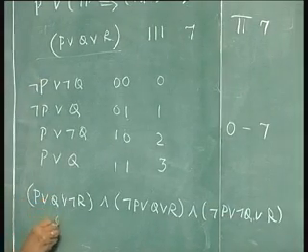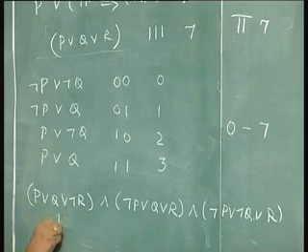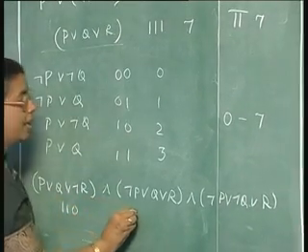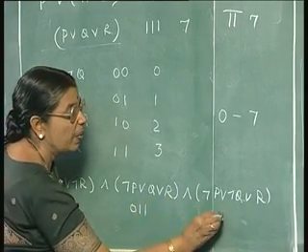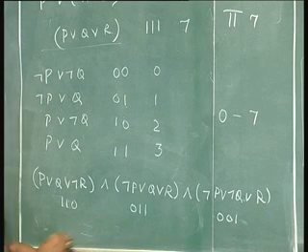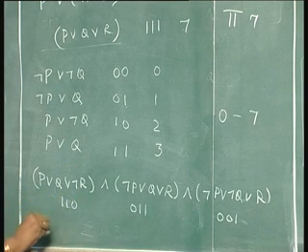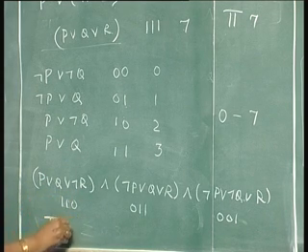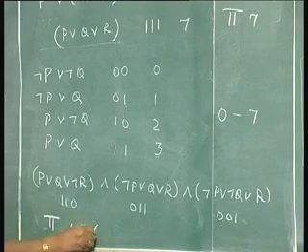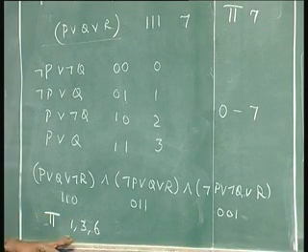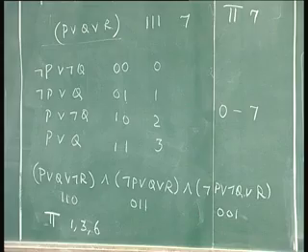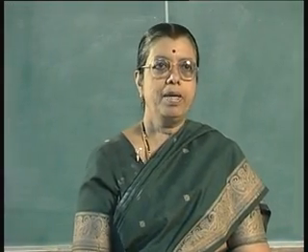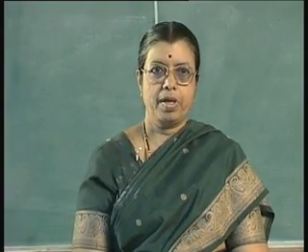This will represent 1 1 0, and this will represent 0 1 1, and this will represent 0 0 1. So, the whole thing can be written as pi of 1 comma 3 comma 6. This is another notation for writing the principal conjunctive normal form as we considered for principal disjunctive normal forms.